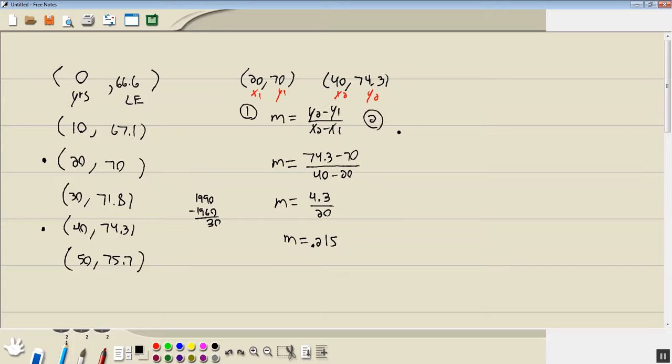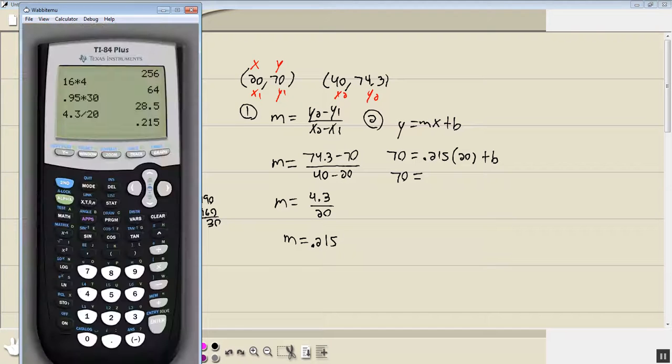Step 2: plug in one of the points for x and y. Doesn't matter which one, whichever one looks easier. This one has fewer decimals, so plug 20 in for x and 70 in for y. M we just said was 0.215, times x, which is 20, plus b. And then I want to solve for b.